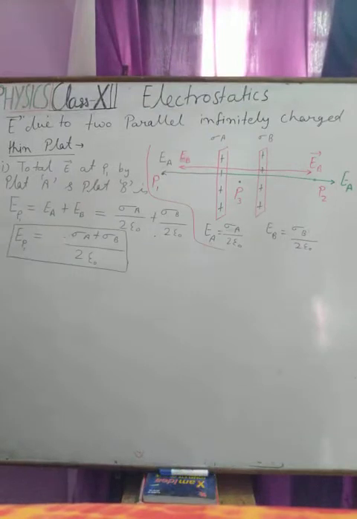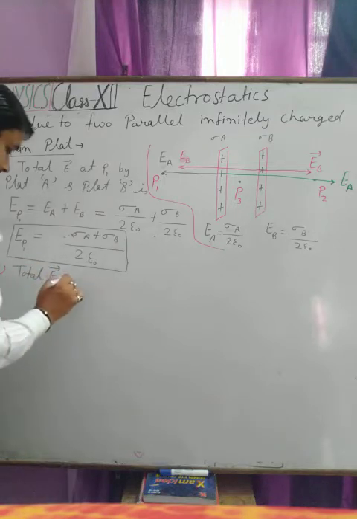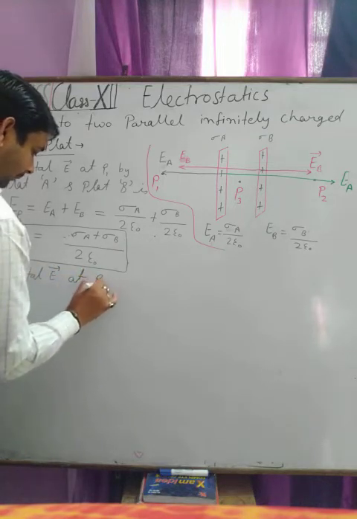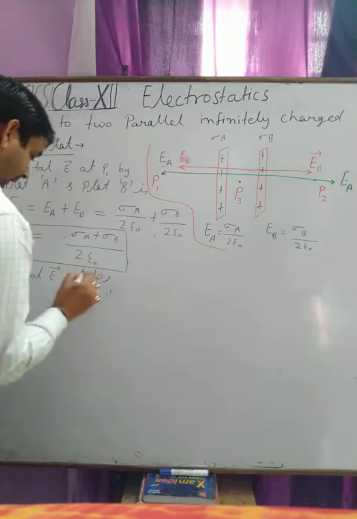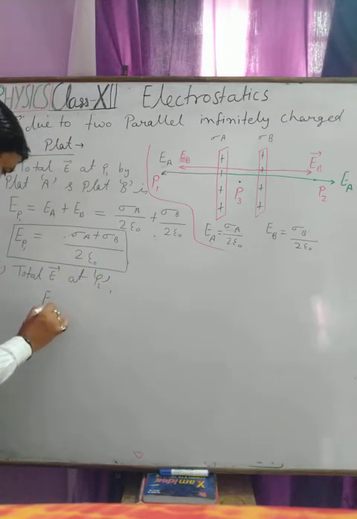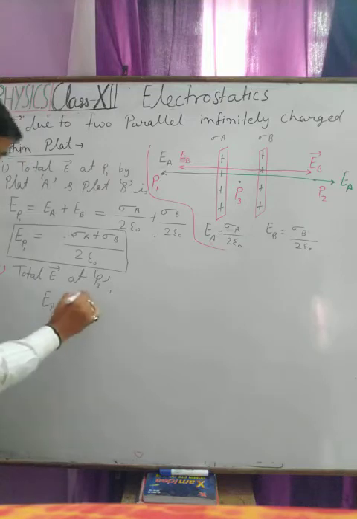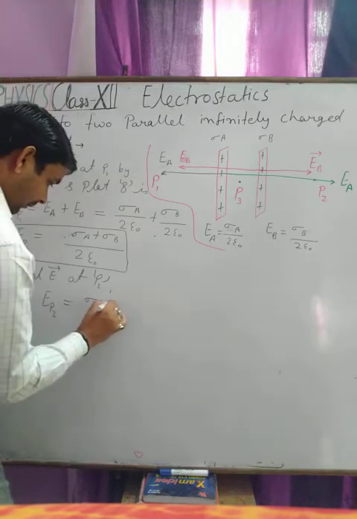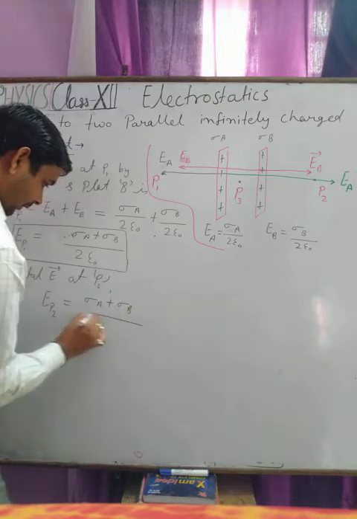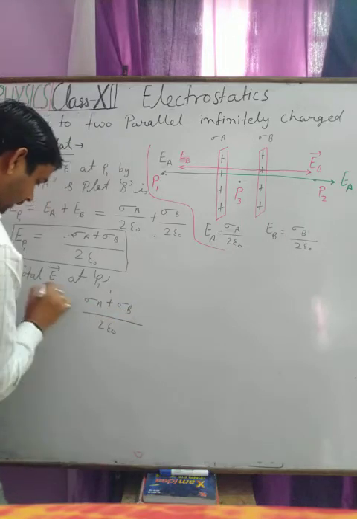So these two also add up. Now, second case: total electric field at P2, EP2, is equal to sigma A plus sigma B upon 2 epsilon naught. Again the same.